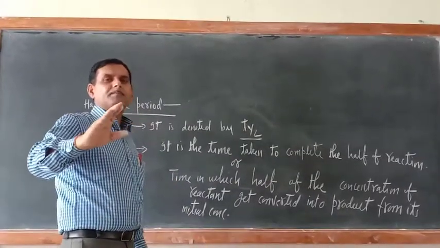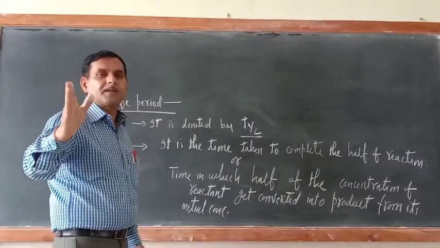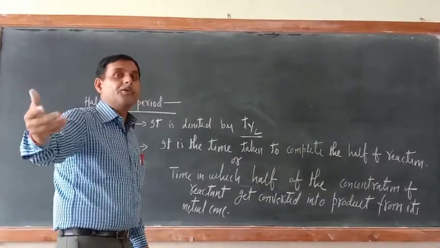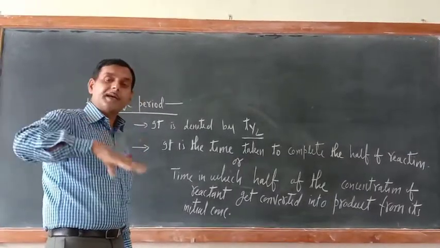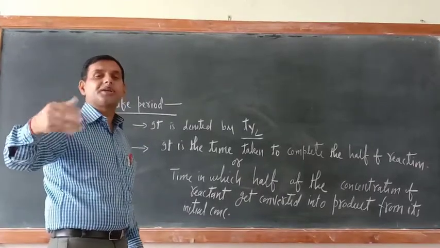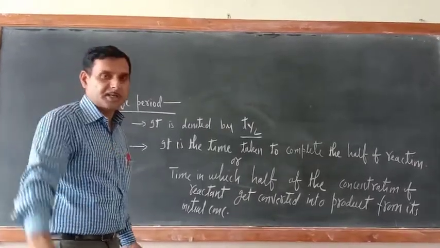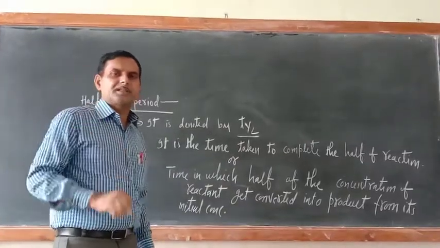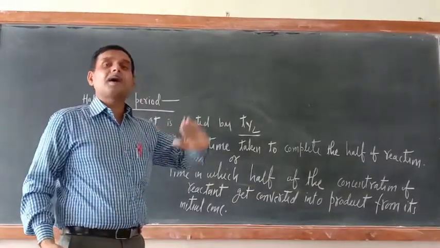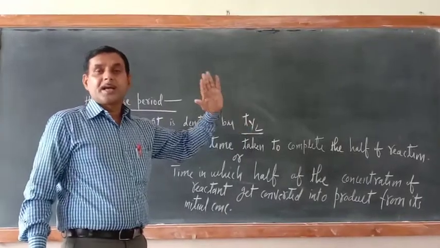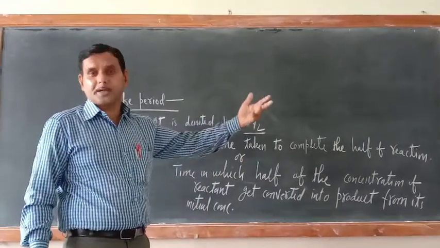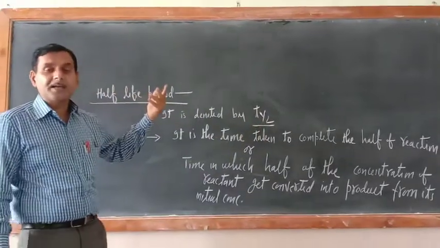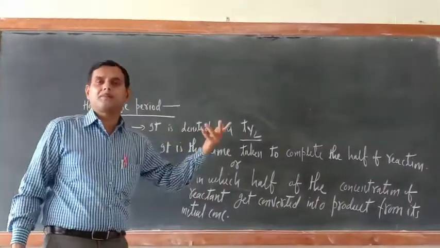It means the time in which half of the reactant gets converted into product, or disintegrated into product, from its initial concentration. Suppose any reaction is there. If half of the concentration gets converted into product from its initial concentration, that time is known as the half-life period.